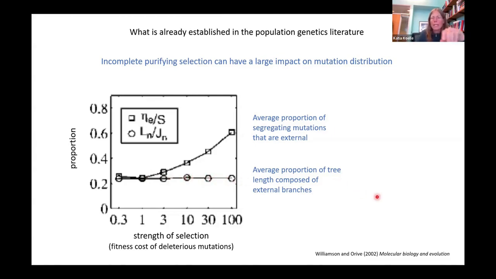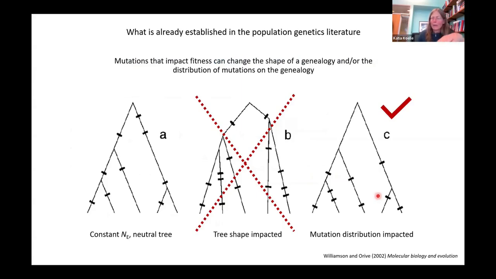What this indicates is that with incomplete purifying selection, a lot of these mutations on the tree are not randomly distributed according to branch length. There are more mutations on the external branches than would be expected.